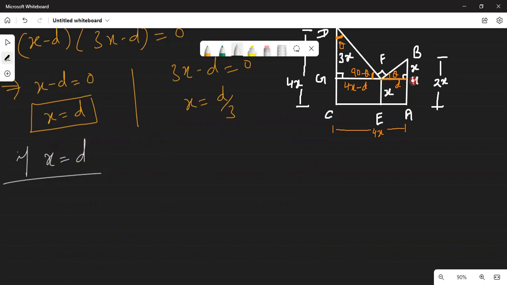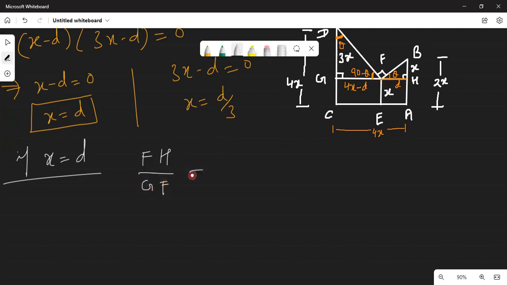of FH to GF, right? Or EA to CE. So that ratio, which is FH, the distance of the man from the small tower, divided by GF.